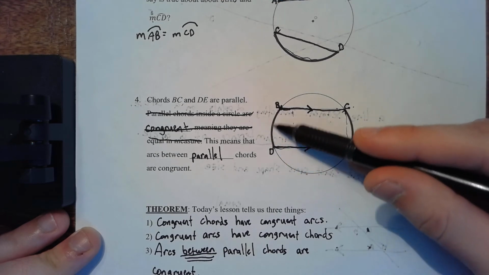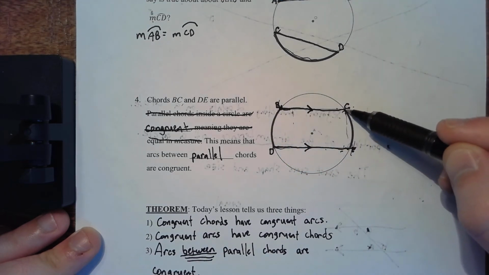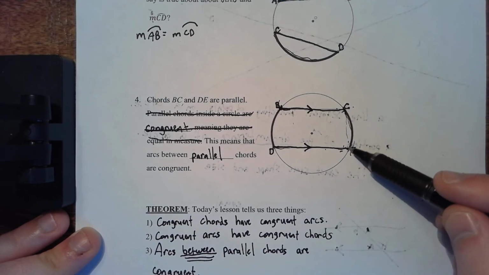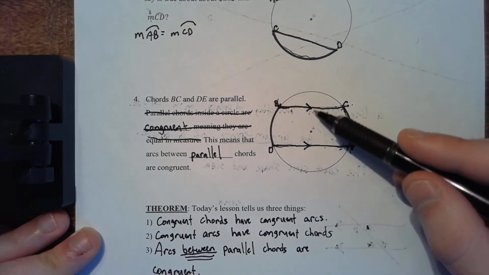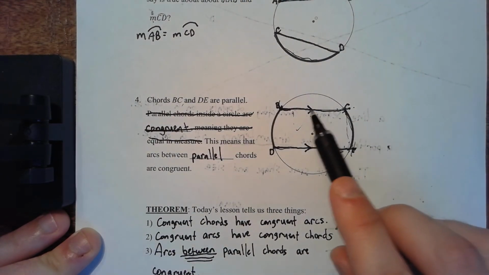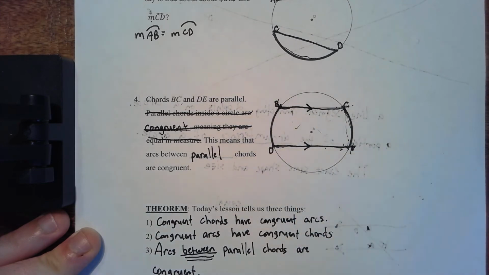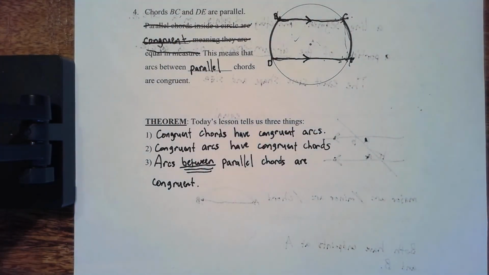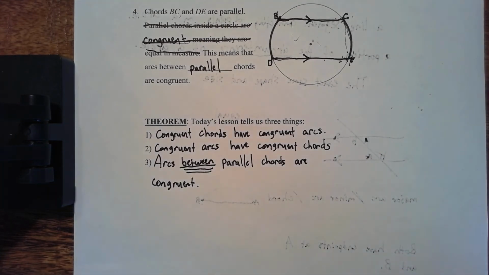That means arc DB is equal to arc CE, because these are the arcs that fall between these two parallel lines. That means, again, arc BD and arc CE are going to be equal. And then lastly, and after this we'll just do a couple examples.